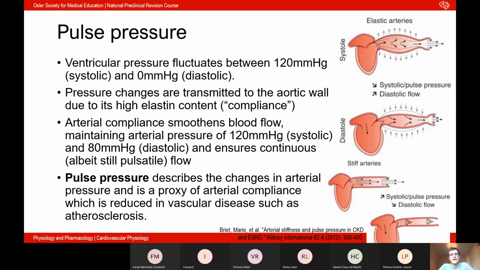How does that work? Well, that comes down to another property of arteries, which is that they have a high elastin content in their walls, which means that during systole, when you have really high pressure in the arteries, they bulge out and expand, and some of that pressure and energy is converted to elastic potential energy, so that during diastole, those walls can then contract and smoothen out the blood flow.